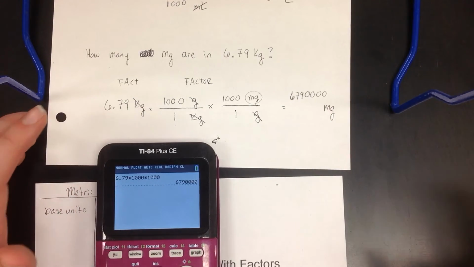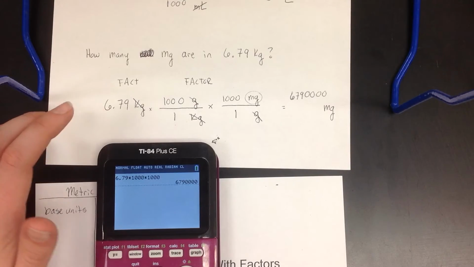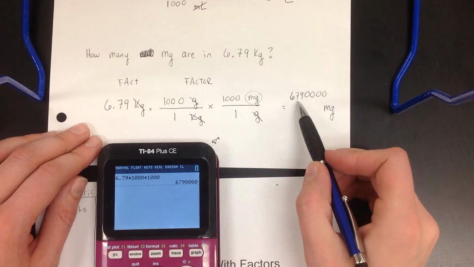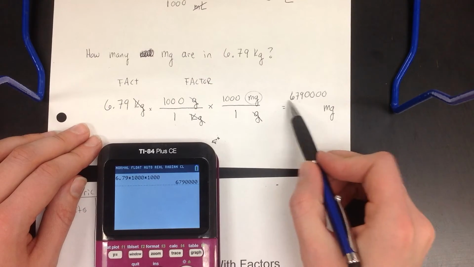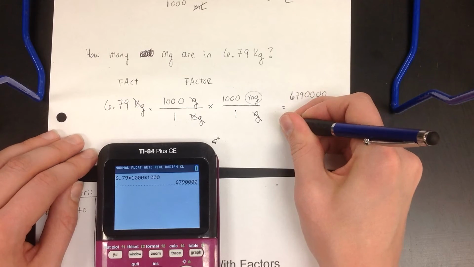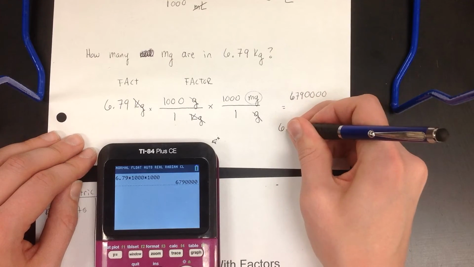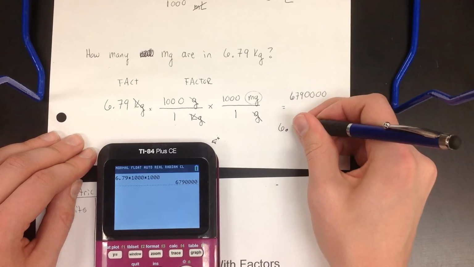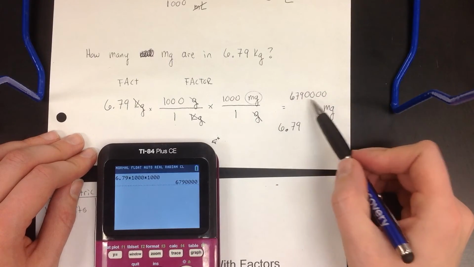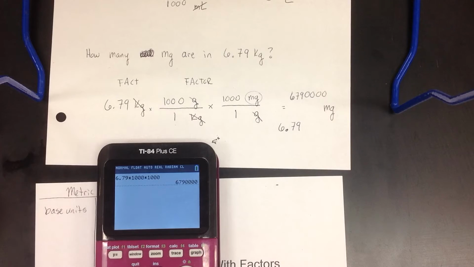So let's go ahead and convert that into scientific notation. In scientific notation, I need my coefficient, this important number part, to be between 1 and 10. So I'm going to put my 6 and then my decimal, and then add my other important digits. I don't have to worry about the zeros because those are just placeholders.